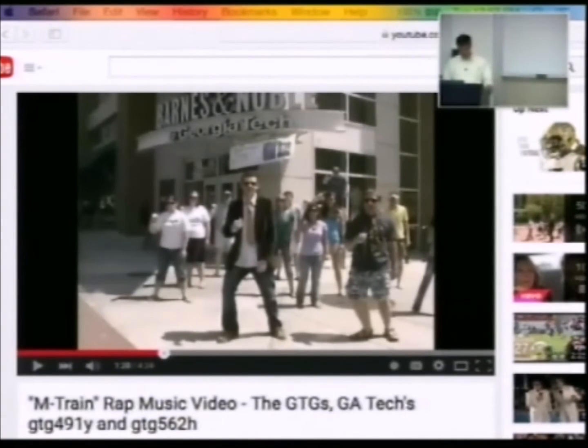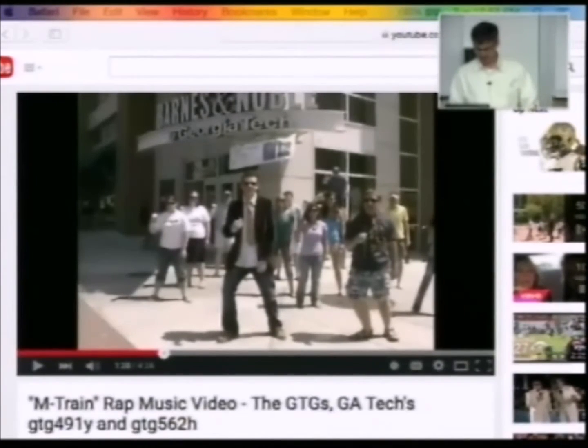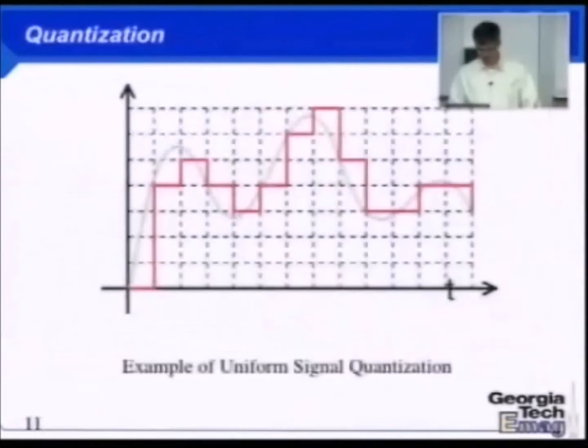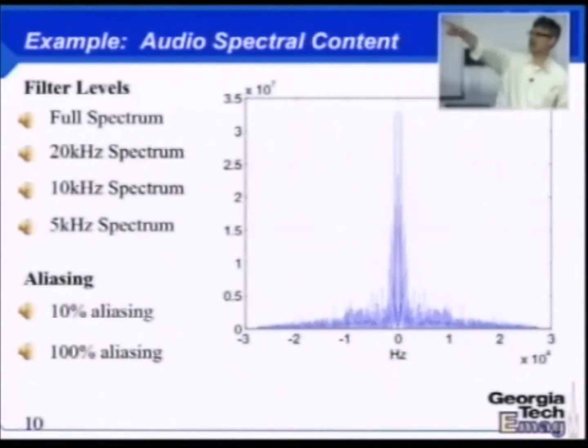Okay, so that just gives you an idea of what the audio spectrum sounds like. I've got a picture of this, by the way. This is the exact spectrum, and you can see the units of the horizontal axis are 10 to the 4th hertz.